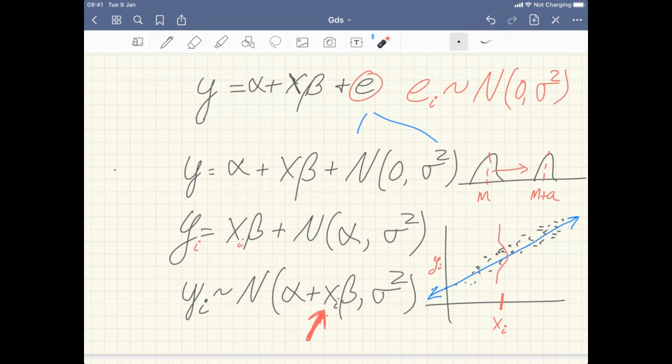So when x is 0, we know that y is the intercept. But it could be above the intercept and it could be below the intercept. When x is 5, we know that it's going to be alpha plus x beta, but it could be above that or it could be below that. If sigma is really big, then this distribution will be really wide, and our point cloud might look like this.